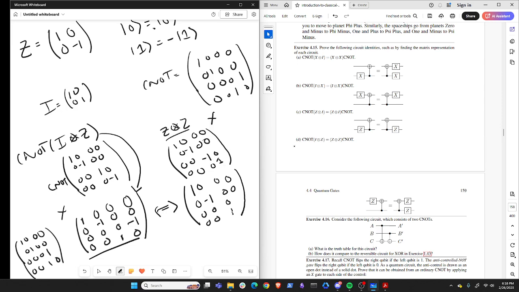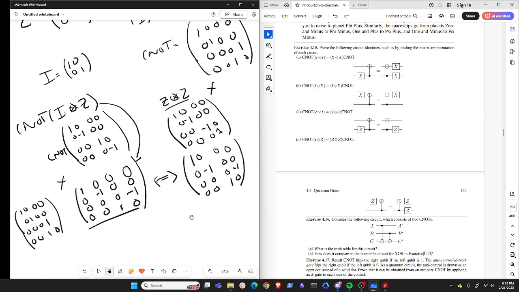Yes, there we go. 1. And then third row times fourth column is -1 here. Okay, so we have proved this identity through finding equivalent matrix forms. So C0 of the tensor product of the identity and the Z gate is equivalent to finding the tensor product of a Z gate and a Z gate and then multiplying it by a C0 gate.